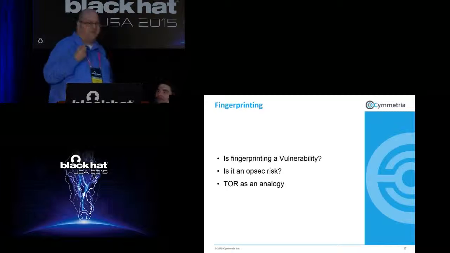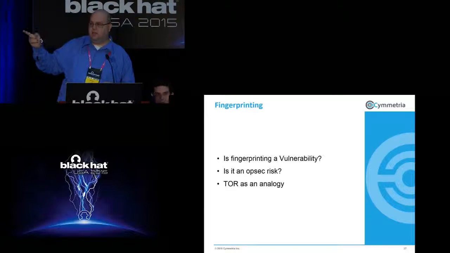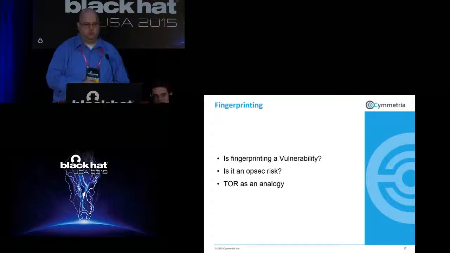Not necessarily in the technical sense. So an OPSEC risk, for example, is that a vulnerability? If you look at Tor, it has had some vulnerabilities over the years. And yes, a code execution vulnerability would be very critical for Tor, but a critical vulnerability for Tor, for example, is unmasking, de-anonymizing, being able to say, hey, that's an IP address for a real user behind Tor.